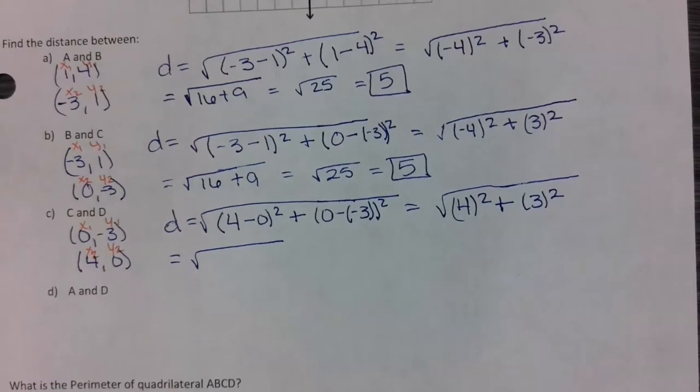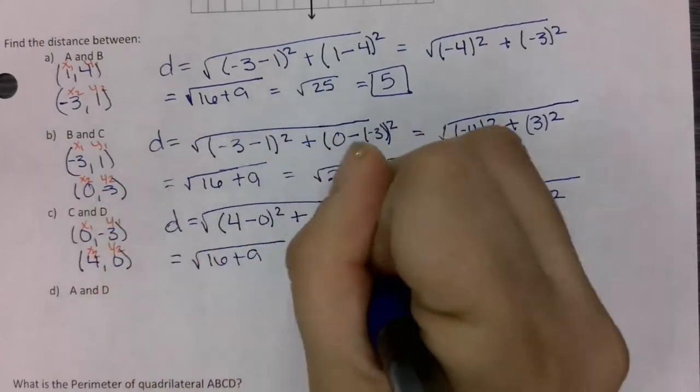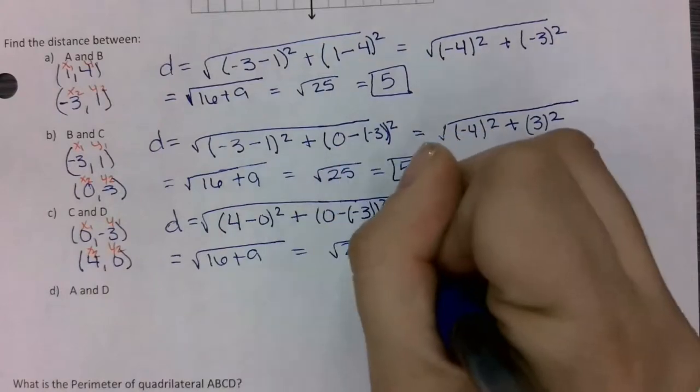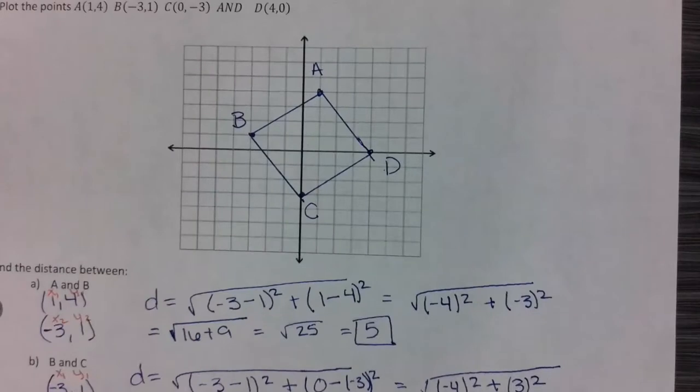Yep. So since we keep getting 5, what kind of shape do you think this is? You think this is a square?